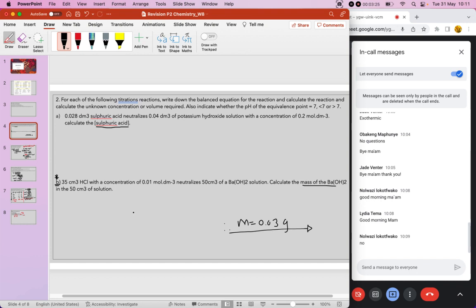With what you're given, you are able to calculate the mass. I'm giving you this as a little homework, and if you don't get the mass, feel free to let me know on WhatsApp that, ma'am, I didn't get the answer, where did I go wrong, and I'll be able to guide you from there. Are we together, guys?